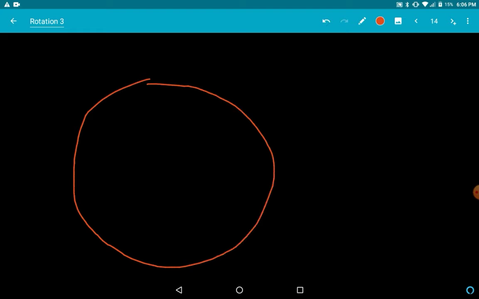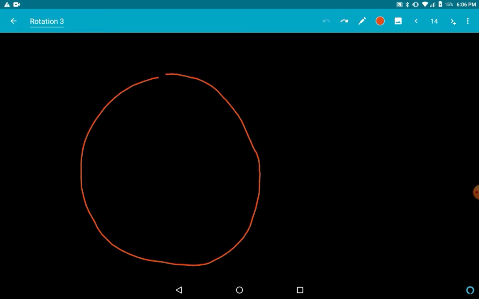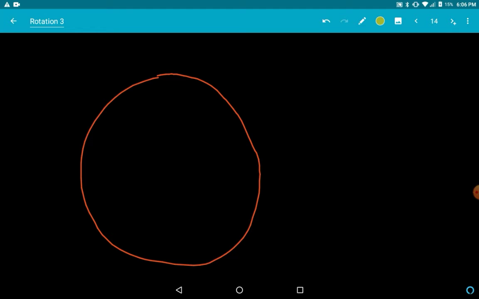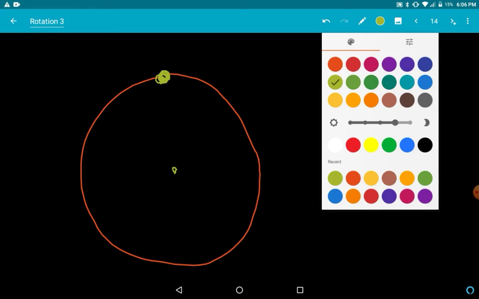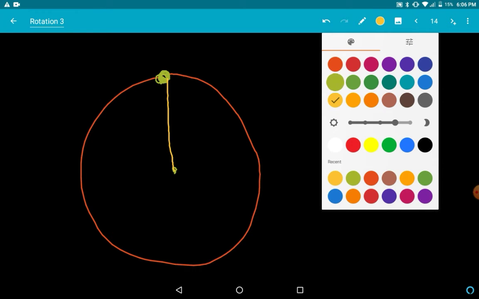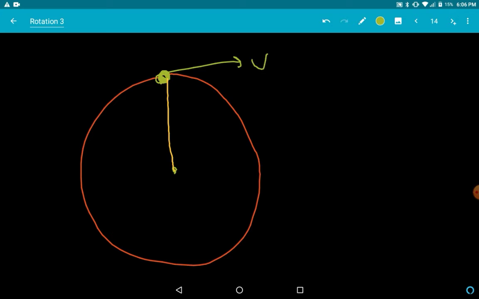So now let's start with centripetal and centrifugal force. If there's a circle like this, let's say this is the body moving. So when the body is moving, obviously we know the velocity is this.